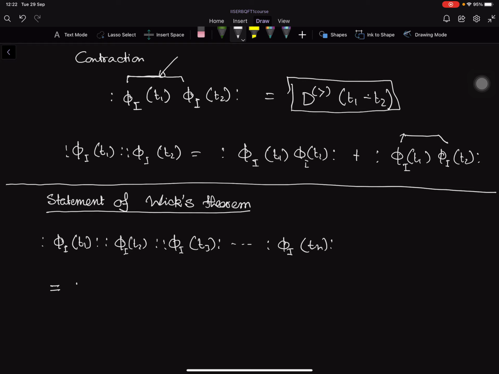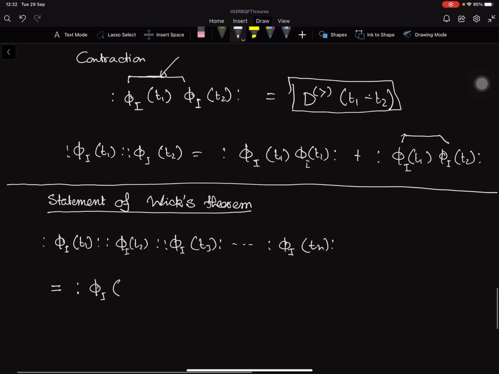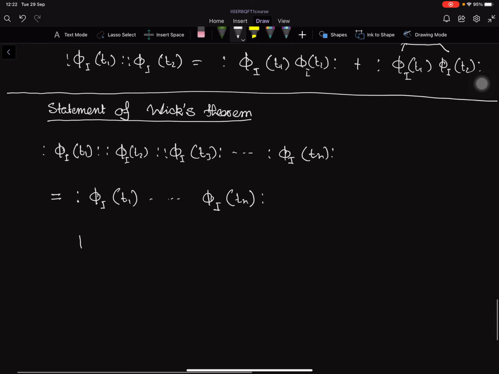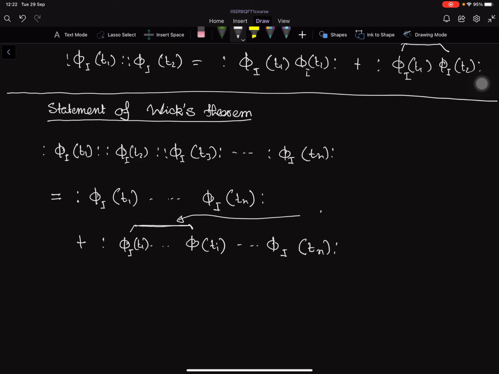Then this thing is the same as firstly the full normal ordered thing, plus all possible contractions of two operators. So all possible, I will write single contractions.